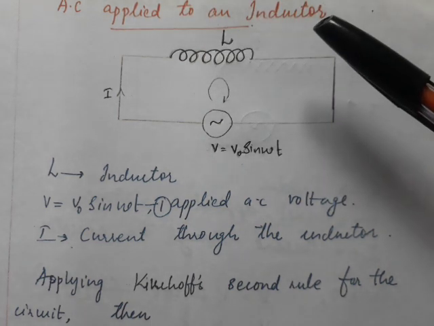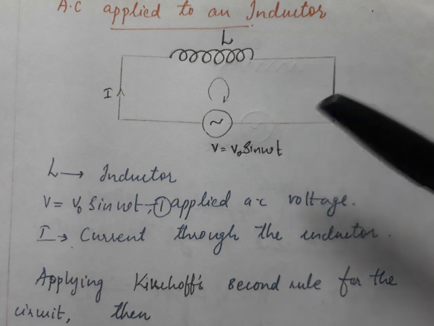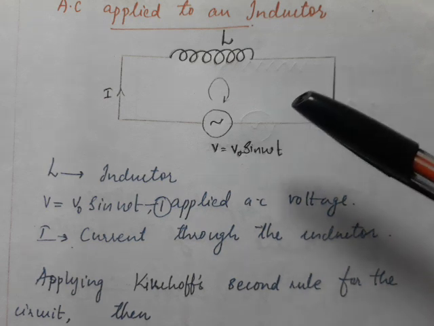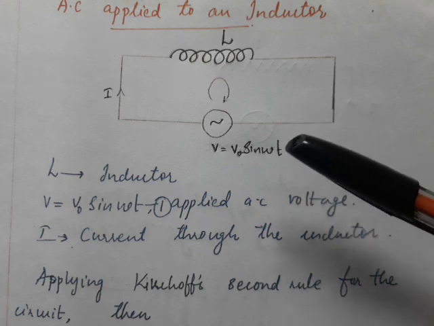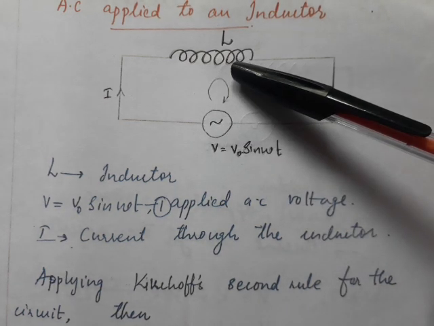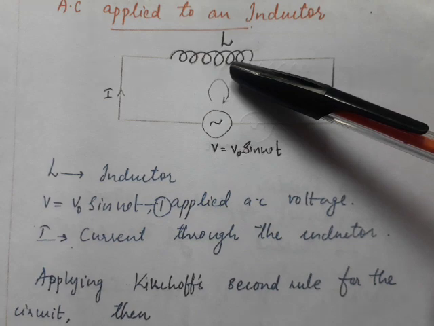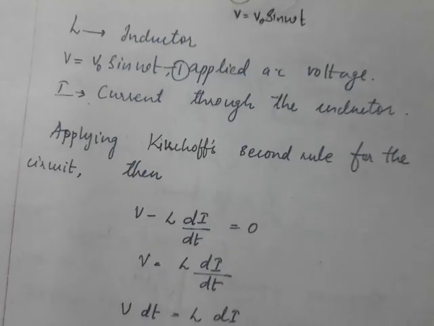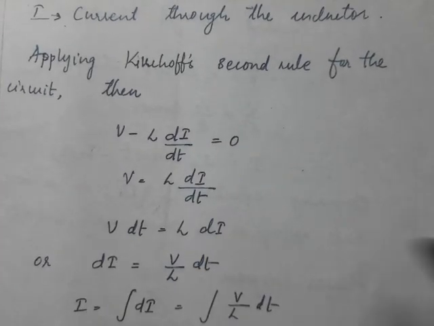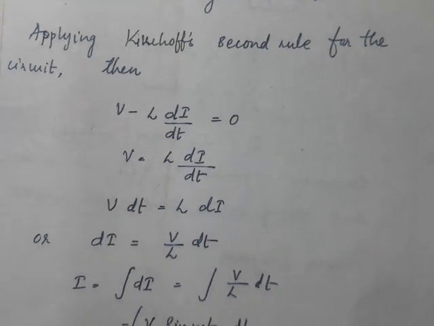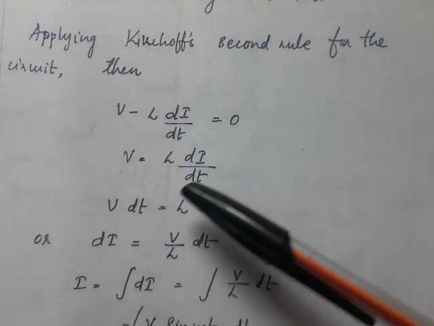The self-induced EMF produced was minus L di by dt, which we have studied in electromagnetic induction. So here is a voltage V and here is a drop, that is minus L di by dt. So as per Kirchhoff's rule, in the closed loop, V minus L di by dt should be 0, which means we get V equal to L di by dt.